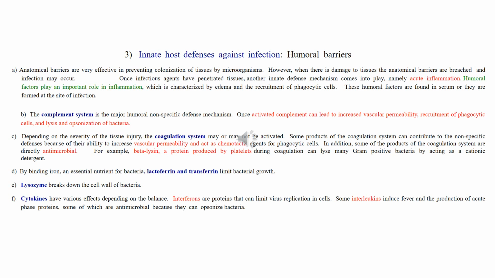Interferon can limit virus replication in cells. Some interleukins induce fever and the production of acute phase proteins like C-reactive protein, some of which are antimicrobial because they can opsonize the bacteria.